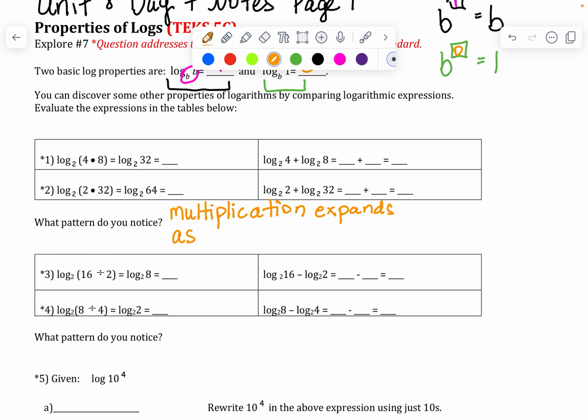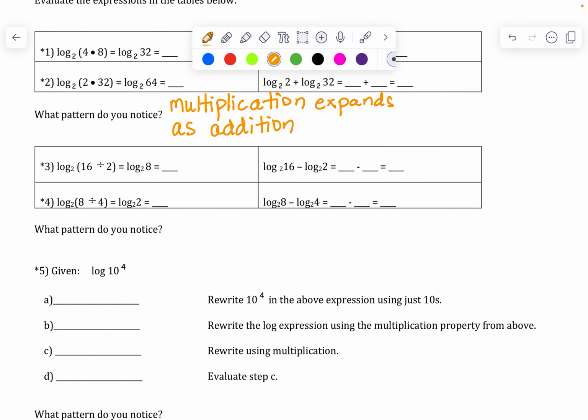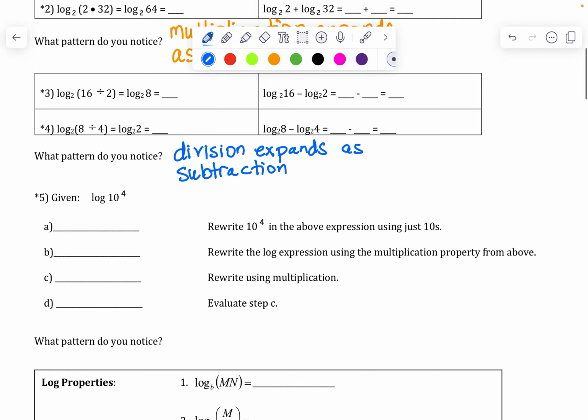So log, base of b, m. Remember, division expands as subtraction. Log, base of b, n. This one, you can put this exponent in the front, so it's k log of b, argument of an m.